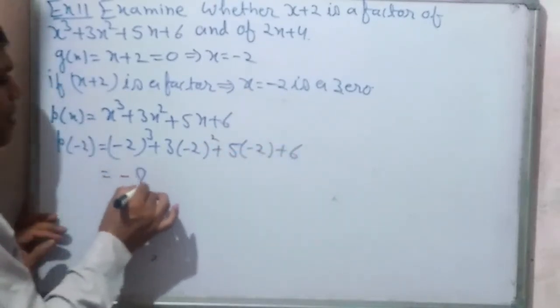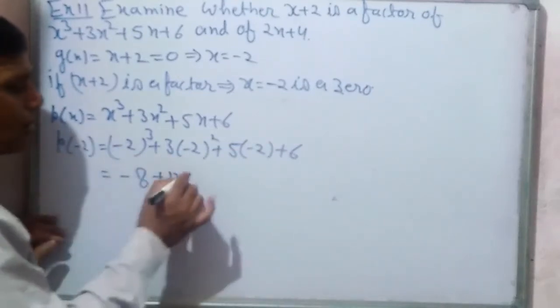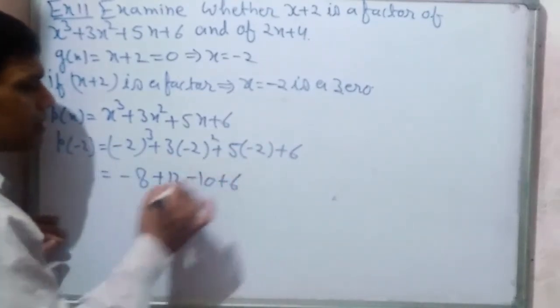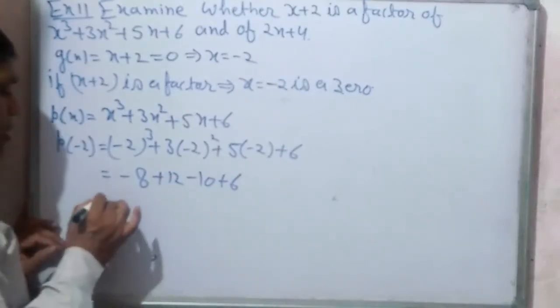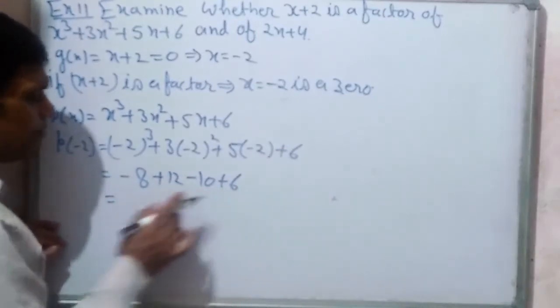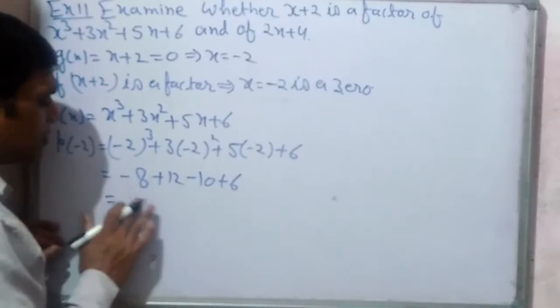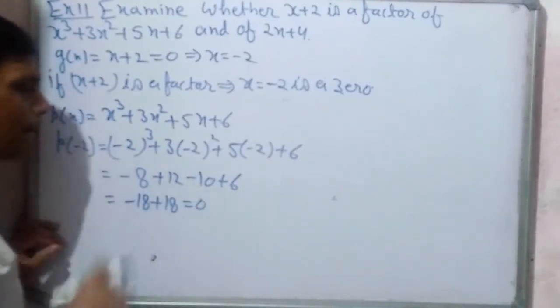Solve this out. We have minus 8 plus 12 minus 10 plus 6. Solve the negatives: minus 18. Solve the positives: plus 18. Is it giving 0? Minus 18 plus 18, that is 0.